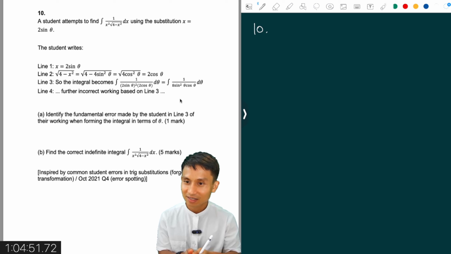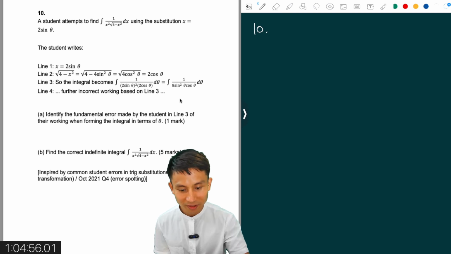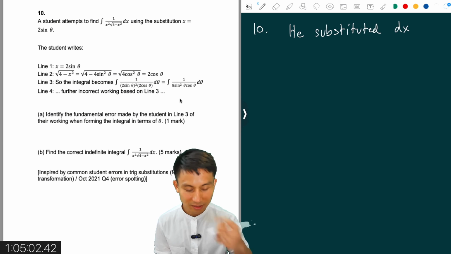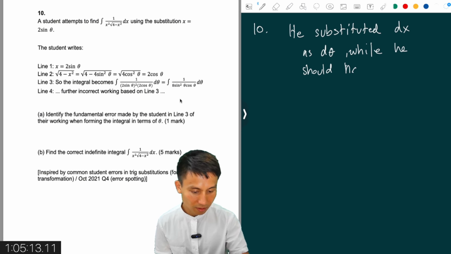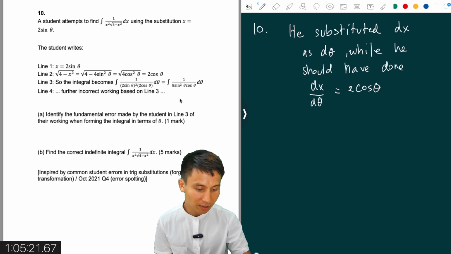Okay, so the fundamental error here is he substituted dx as d theta, while he should have done dx by d theta equals, that's 2 cos theta, right?